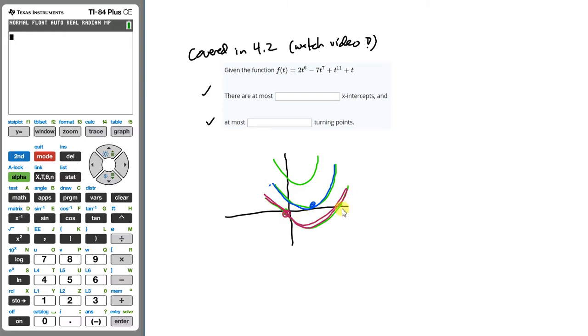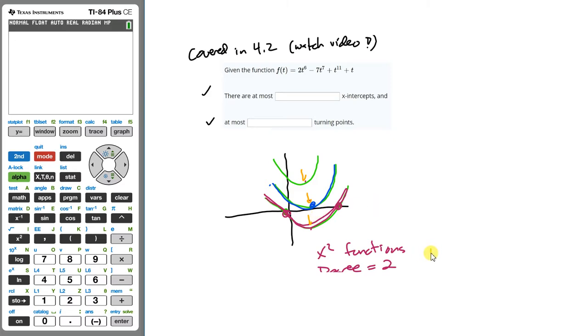Okay. So, how many turning points does each of these have? They all have one turning point. The function turns around, goes from decreasing to increasing, or vice versa, in just one place. Notice these are all x squared functions, so the degree is 2. You only have one turn.